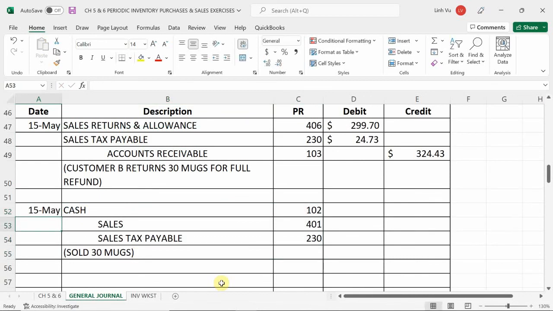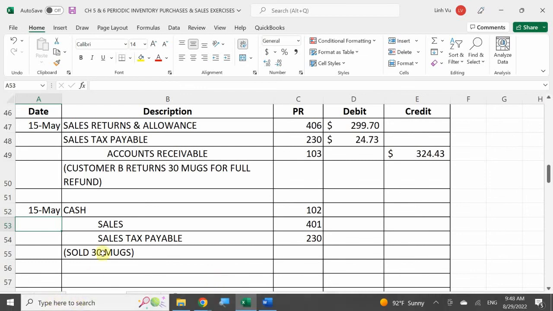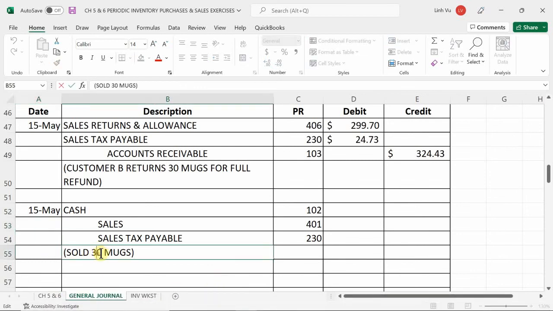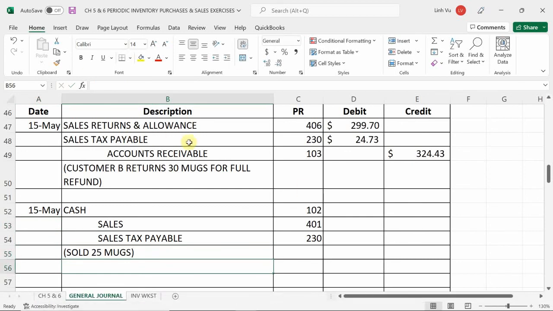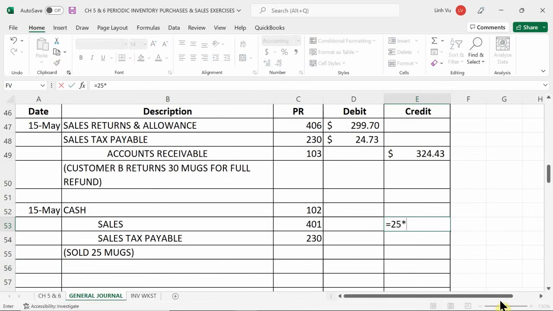Same day, the 15th, we end up selling 25 mugs. So in this case, sales. How much did I sell in general? I sold 25 mugs at $9.99.